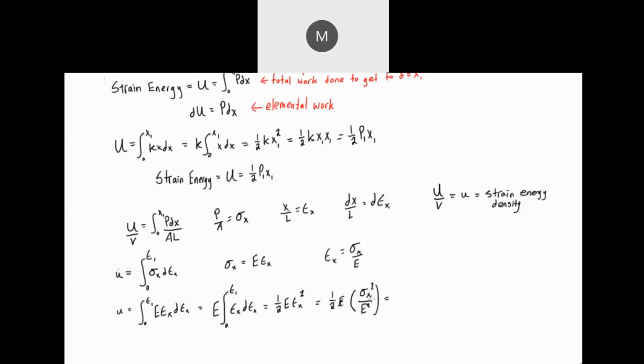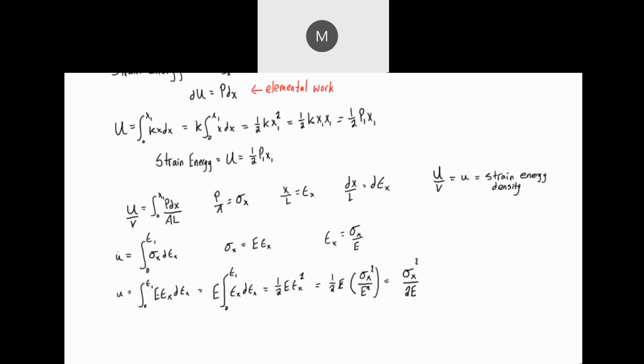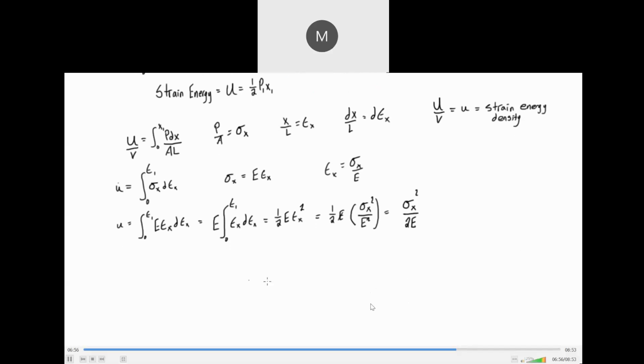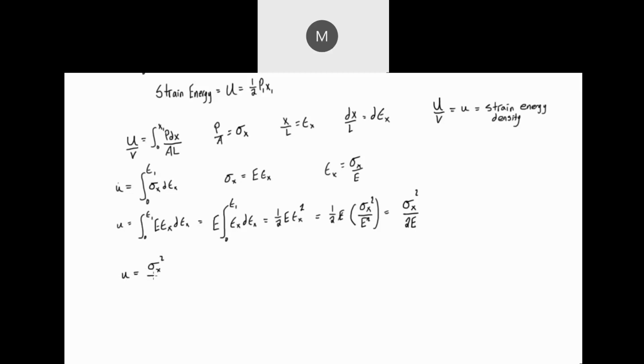Then let's just rewrite this a little bit cleaner. We'll have sigma x squared over 2E. So that is our strain energy density, on a per unit volume basis. Again, sigma x squared over 2E.